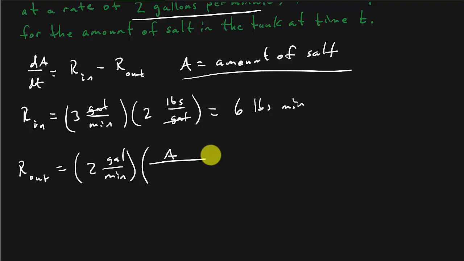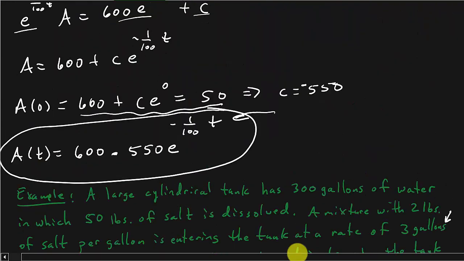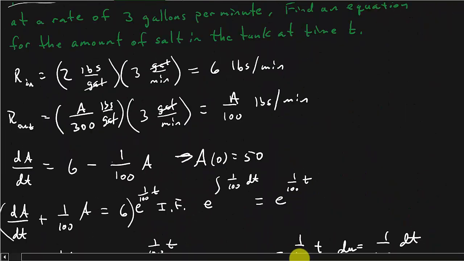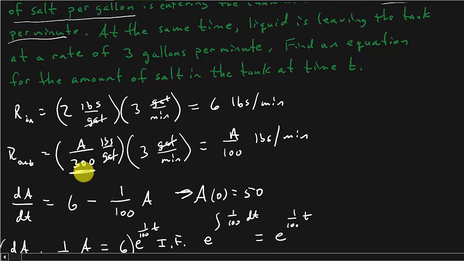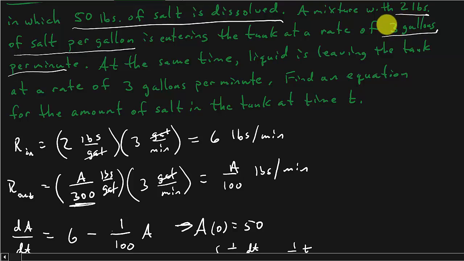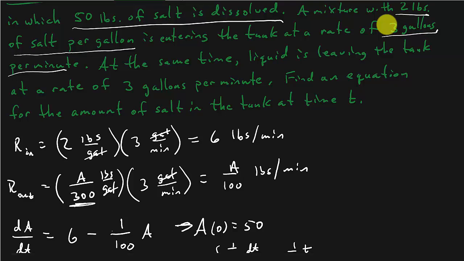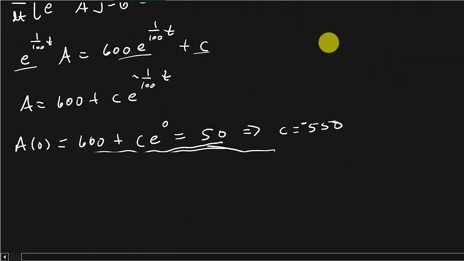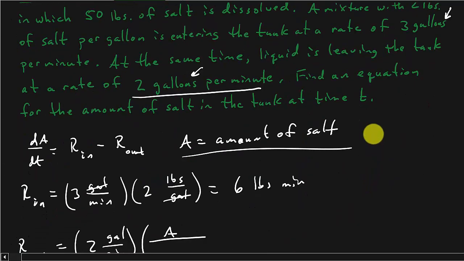Notice last time we divided by 300. That's how much liquid was in the tank, because it was entering and leaving the tank at the same rate. So it was just that 300. It didn't change.